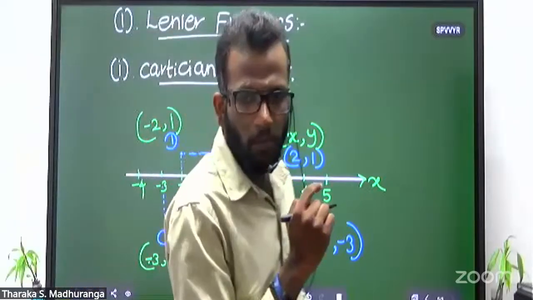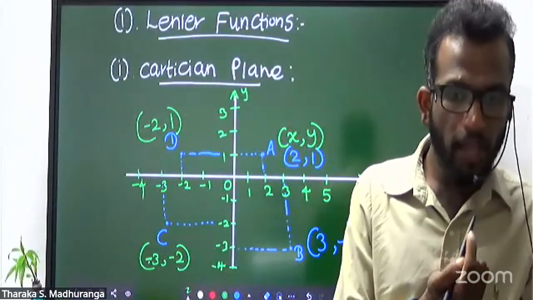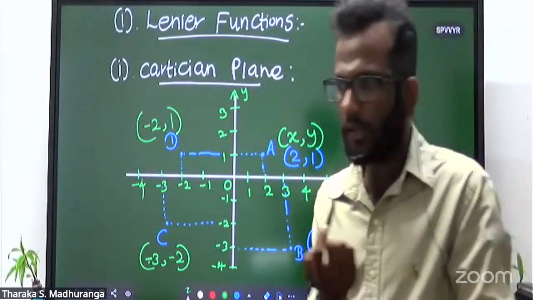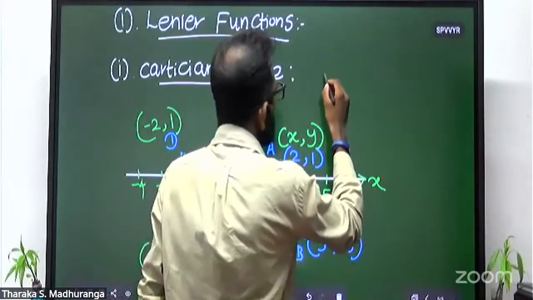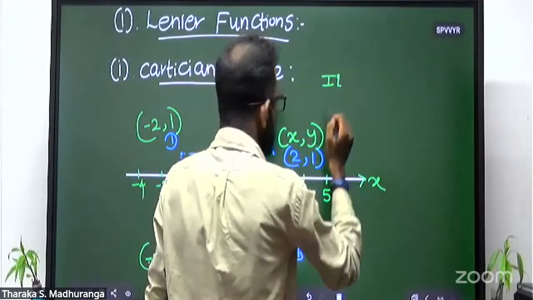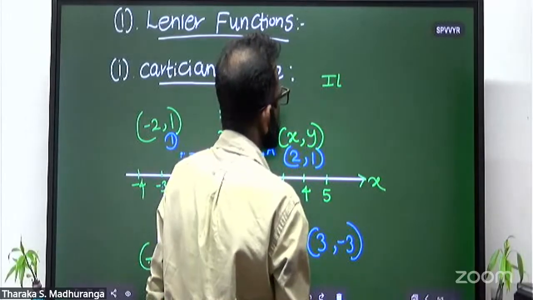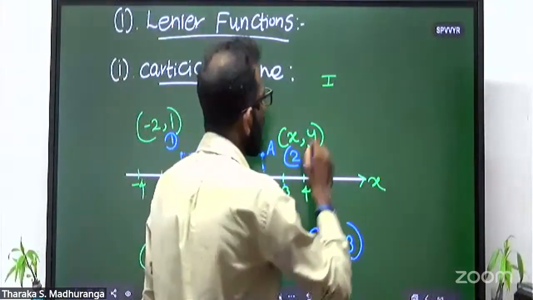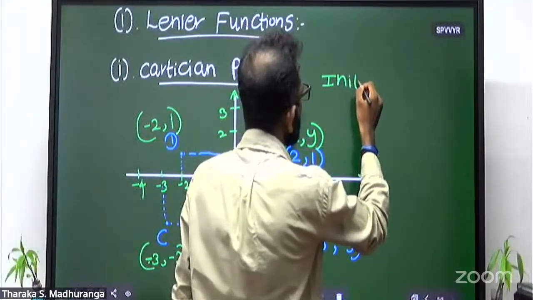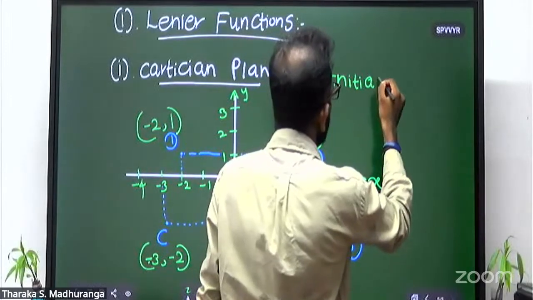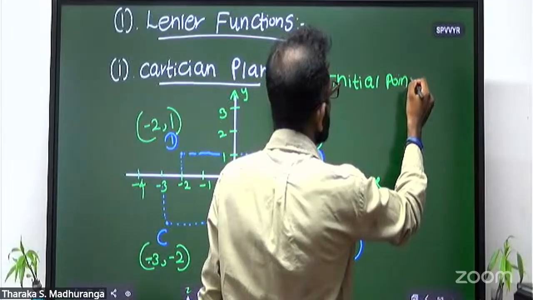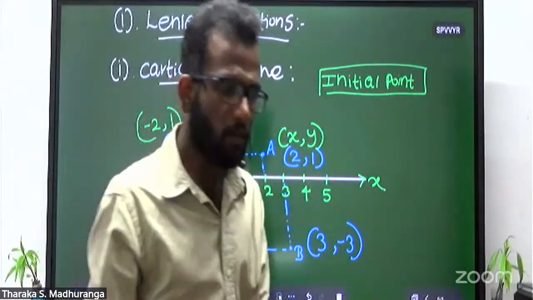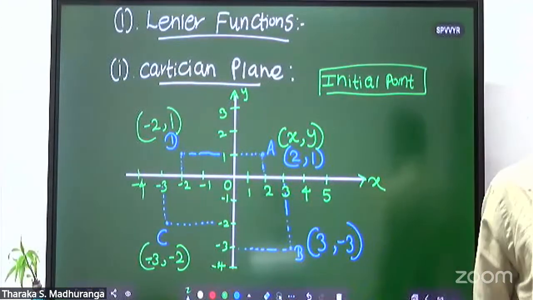The second point: the cutting point of the x and y axis is called the initial point on the Cartesian plane.